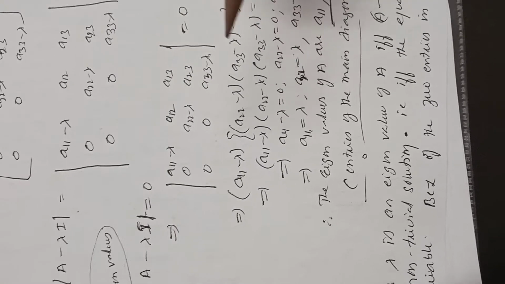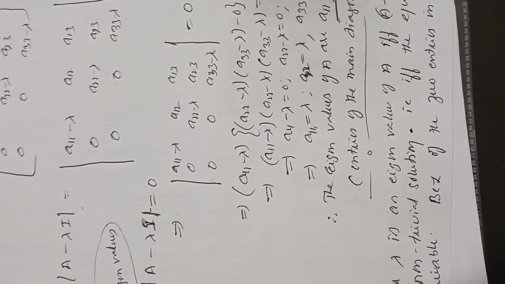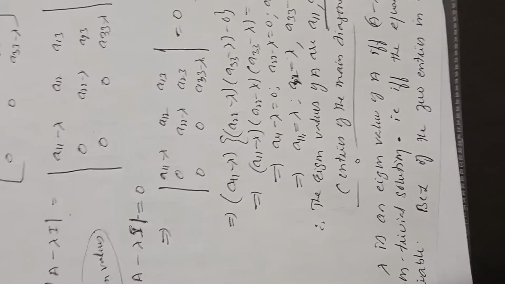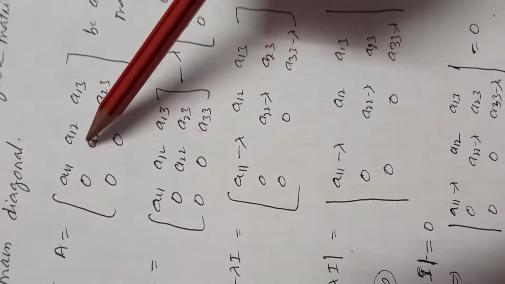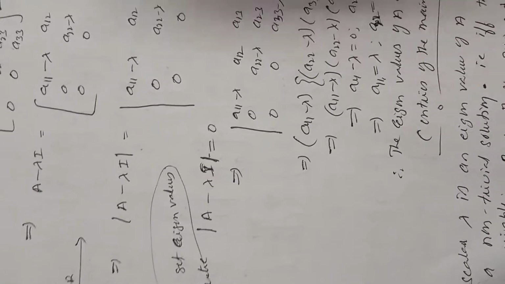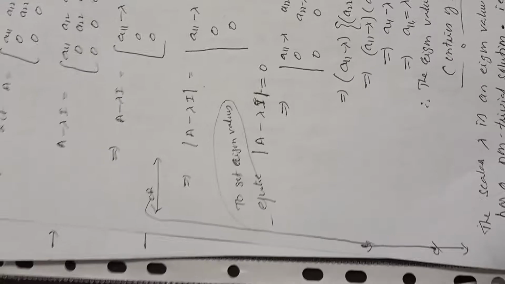That means the eigenvalues, or characteristic roots, of the given matrix are a11, a22, a33. But these are nothing but the elements of the main principal diagonal. Therefore, the eigenvalues of a triangular matrix are always equal to the elements in the main principal diagonal.